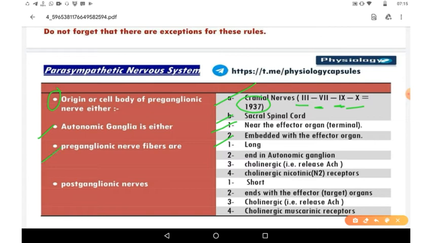The preganglionic nerve fibers are long, end in autonomic ganglia, and are cholinergic, releasing acetylcholine, with cholinergic nicotinic receptors. The postganglionic nerve fibers are short, end with the effector organ, and are cholinergic, releasing acetylcholine, with cholinergic muscarinic receptors M1, M2, M3, M4, and M5.